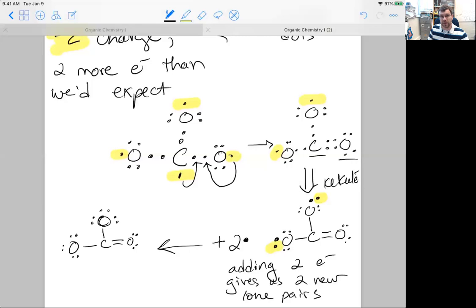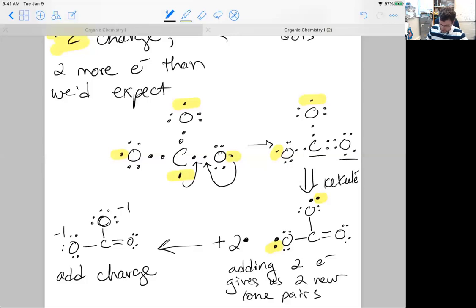Now, we need to define where we added those electrons, so that when somebody comes along and looks at this Lewis dot structure, they say, okay, I know where that person added their 2 additional electrons. We're going to put a -1 over the oxygen atom on the left and -1 over the oxygen atom on the right.